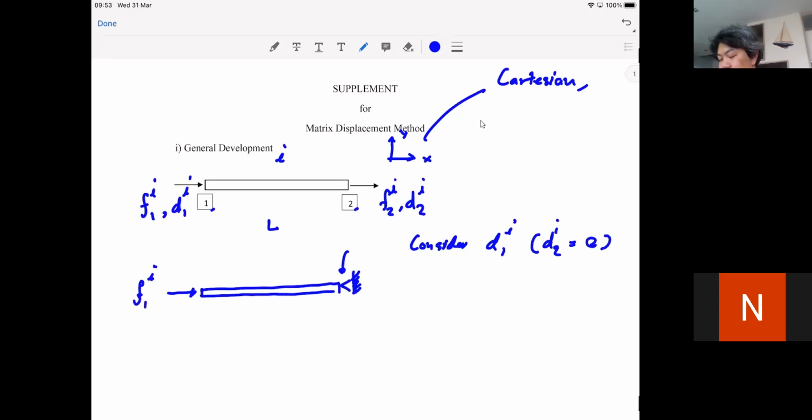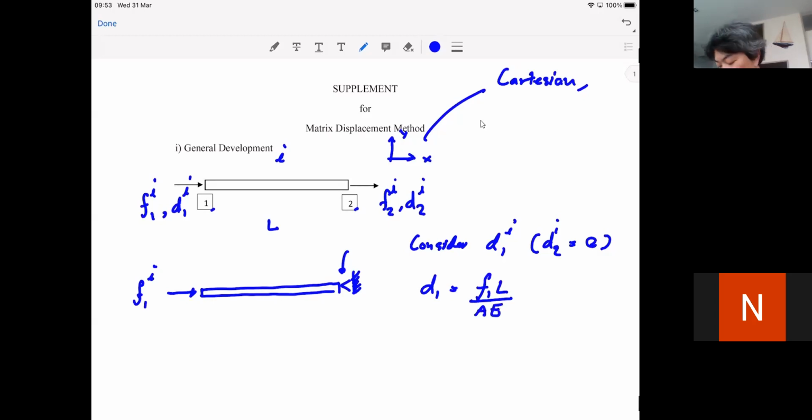And if you can recall, if I apply force F1 here, I can calculate displacement D1, okay? To avoid confusion, I'm going to stop writing the superscript I for the time being, but you should know that it is always there. So D1, by using your basic relationship from Hooke's law, is equal to F1 multiplied by L over AE.